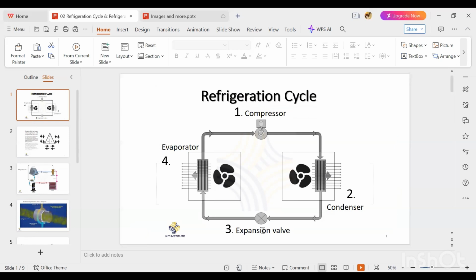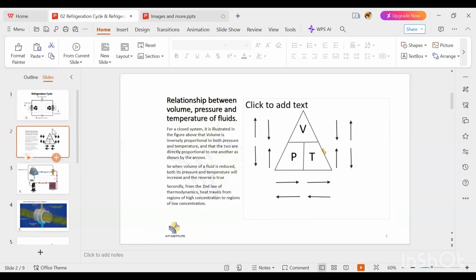If you understand the relationship between volume, pressure, and temperature in closed systems, and the second law of thermodynamics of heat from hot to cold, if you understand these two statements very well, then it's like you have understood 50% of the course.